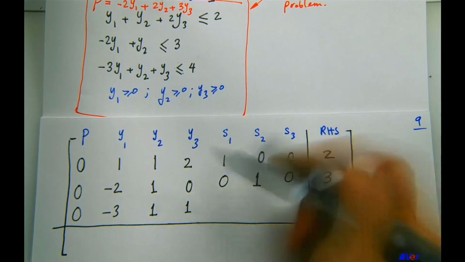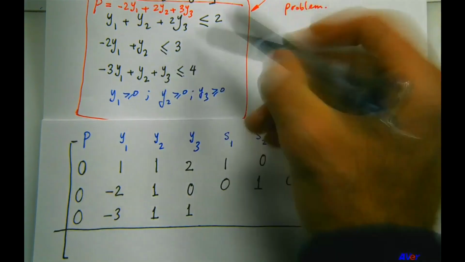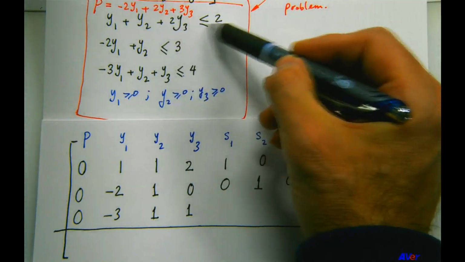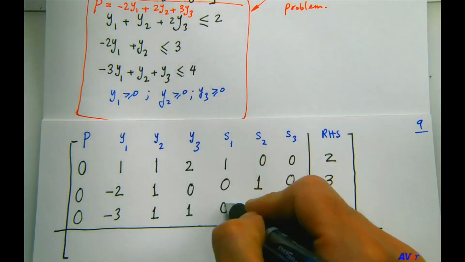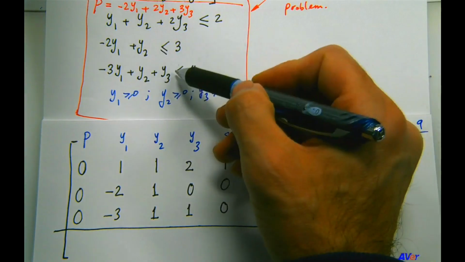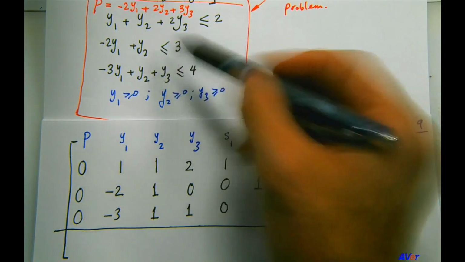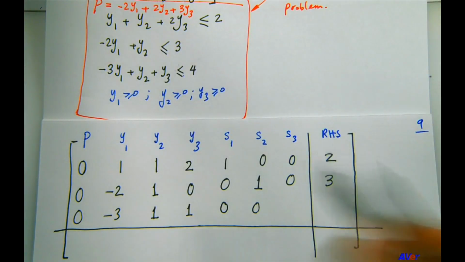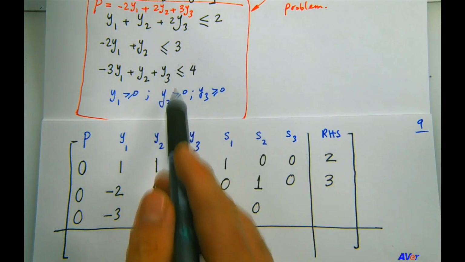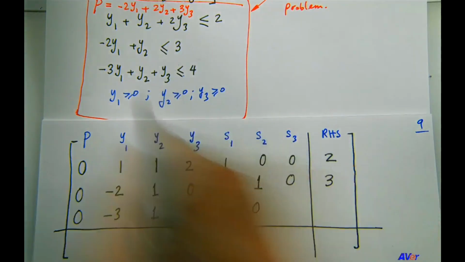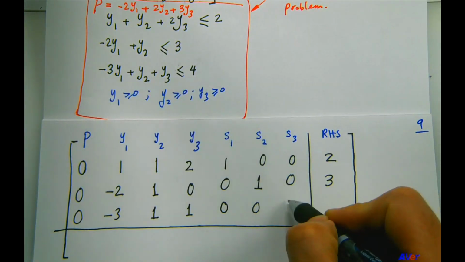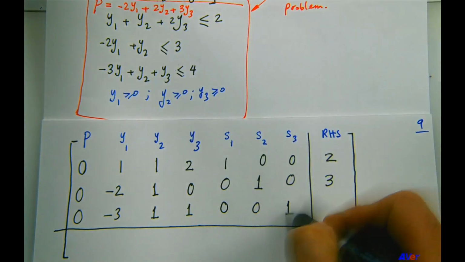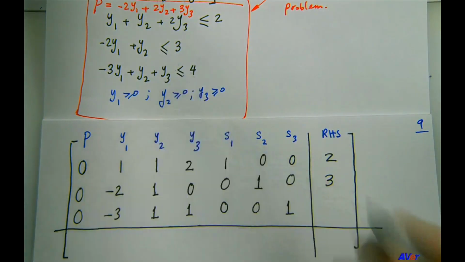No. S1 is already used up for converting the first inequality into an equality. So there's no S1 there. How about S2? No again, because S2 was used to convert the second inequality to equality, but S3 we can now use to convert this inequality into equality. So 1 under S3, and of course the 4, which is the constant value.